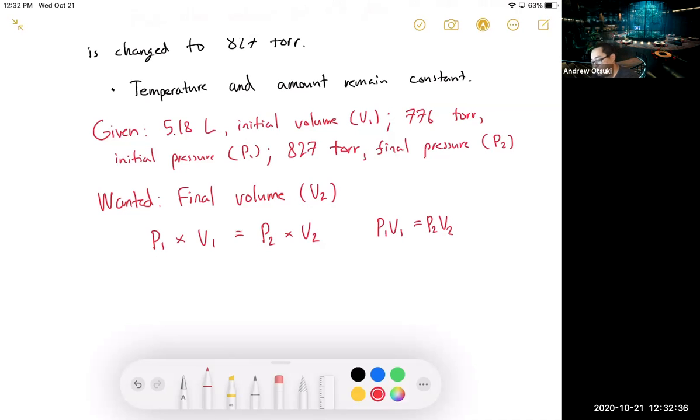Just know that when two variables are next to each other, it's always multiplication. It's addition if there's a plus sign, division if there's a division sign or a fraction, and subtraction if there's a minus sign. But when they're directly next to each other, that's another way of saying multiplication. Okay, so we're going to solve for V2. That's what we need. So we're going to divide both sides by P2.